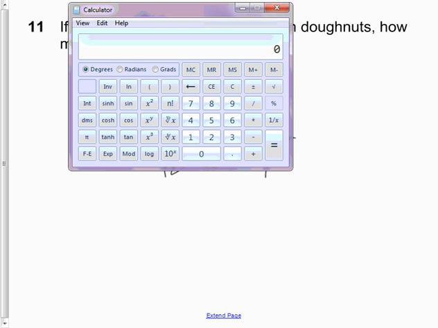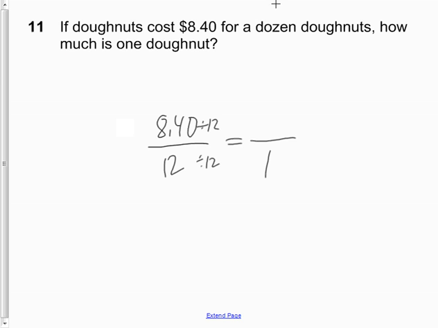When you take $8.40 and divide it between the 12 donuts, each donut will cost you $0.70, which some people think is 7 cents, but it's actually 70 cents when I put my insignificant zero down, per one donut. So it's 70 cents a donut.